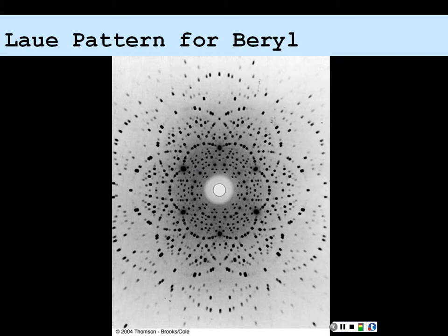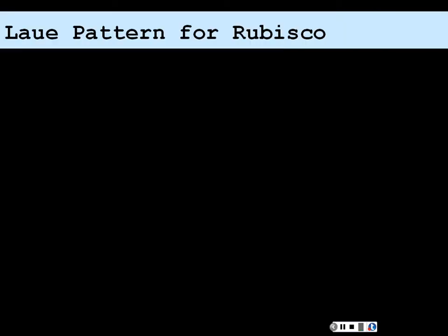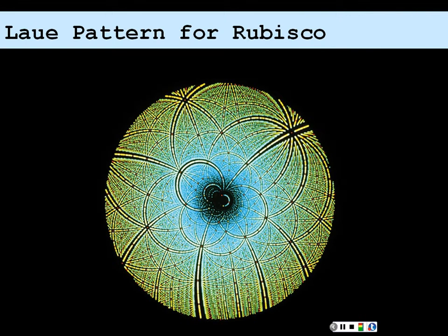Again, all giving you the structure of this crystal. Here's a Laue pattern for Rubisco. Again, same sort of thing. Very beautiful, but the location of these interference maxima will help you locate where the atoms are and reconstruct this crystal.